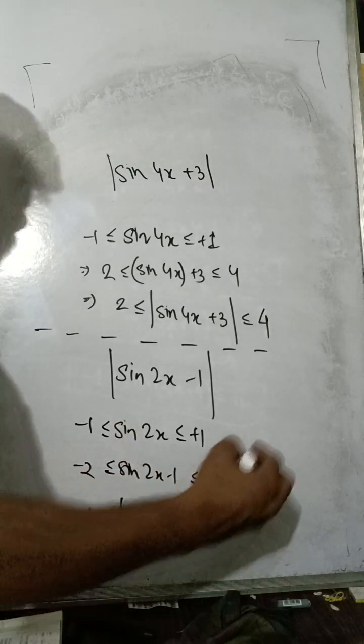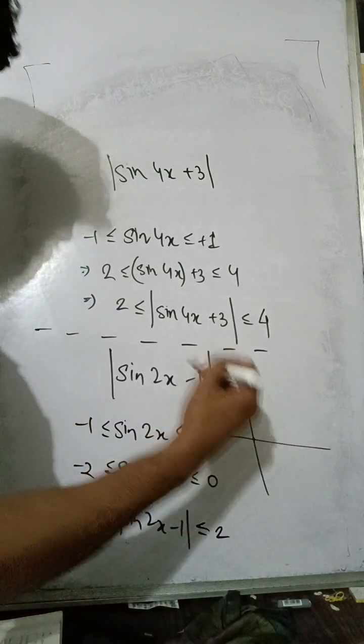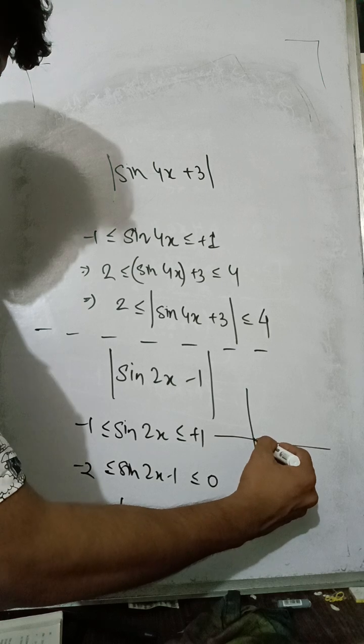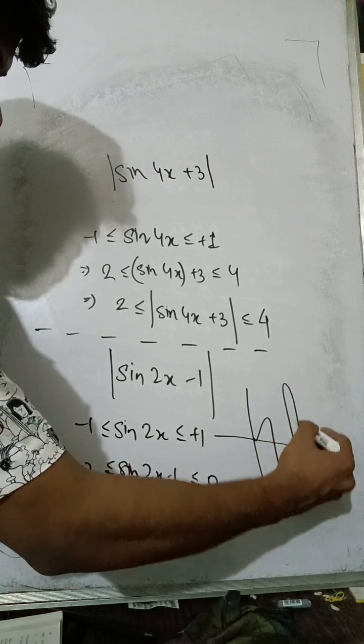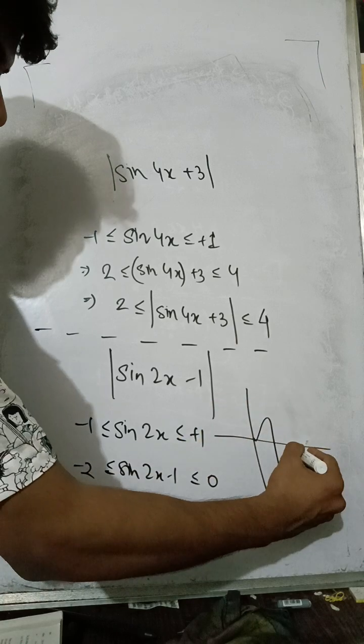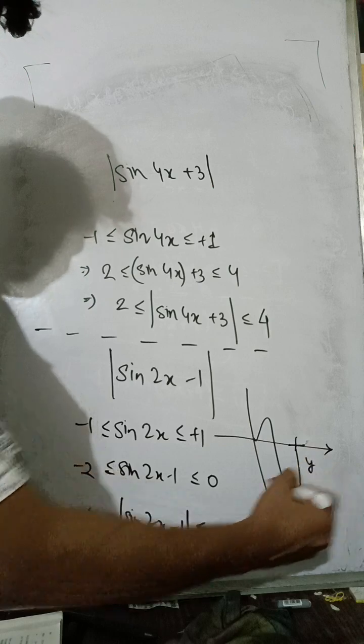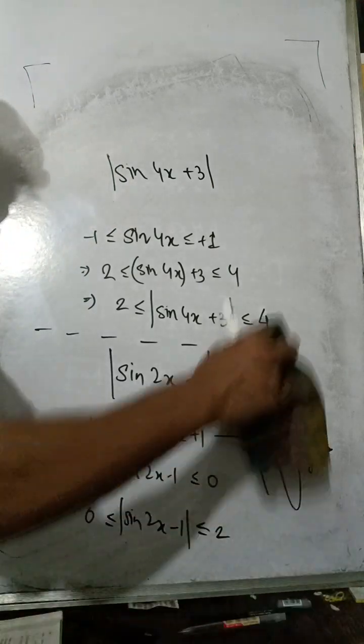Now why is this so? Please understand this thing. If you have a curve something like this, suppose this is y.